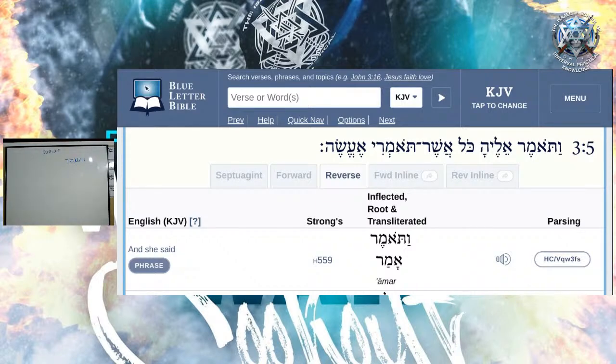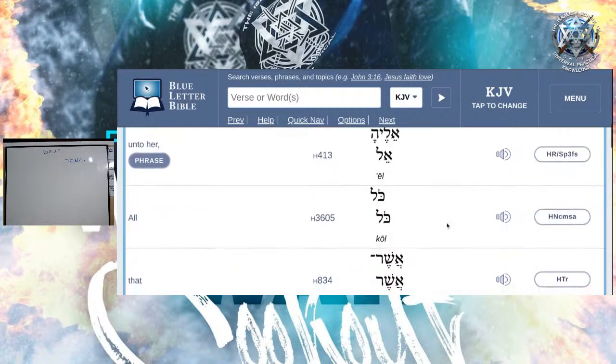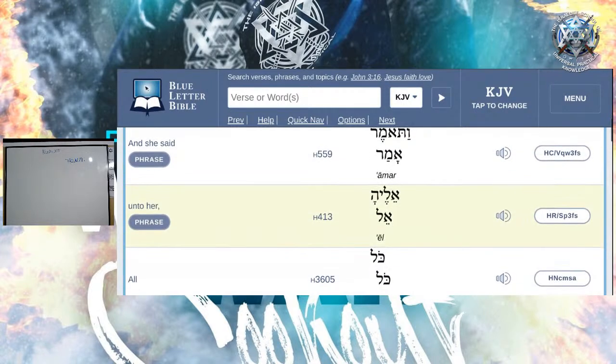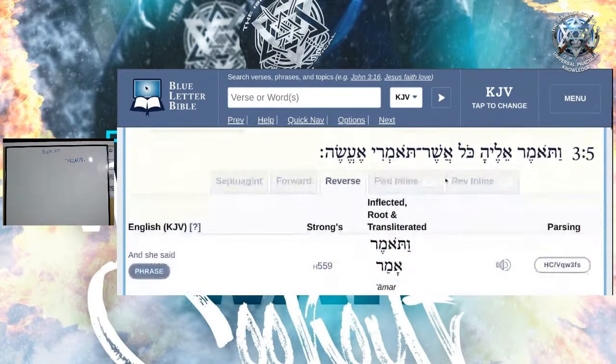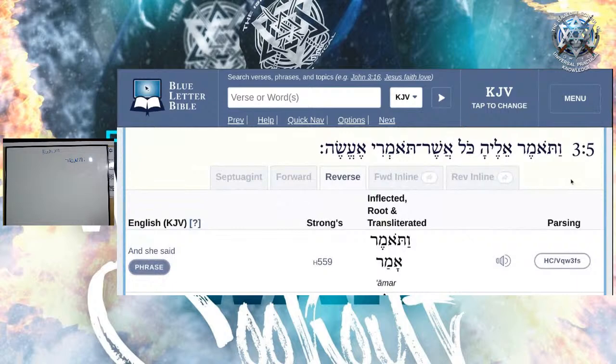Now I'm going to write this in the Assyrian because, of course, that's what the Tanakh is written in. And the only way that I can help you read the Tanakh is if I write in the language, or write with the characters that the Tanakh is written in. If it's written in Assyrian, then I have to write it for you in Assyrian. First word is Wa-tha-amar. Then we have Alayah.